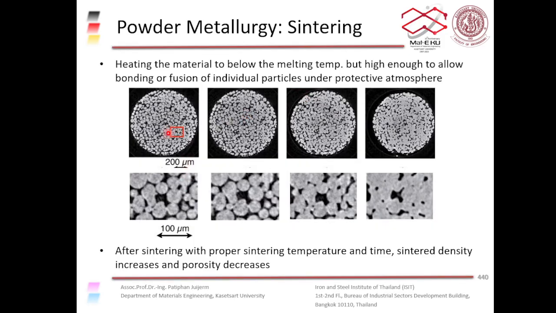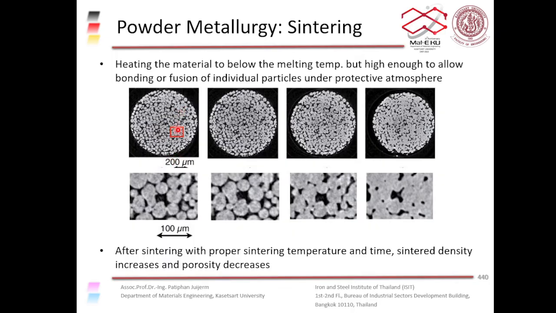Right? So you can see that these pictures are from the same piece, but at different magnification, higher magnification down here, right? These pictures represent sintering at a temperature for a longer time.